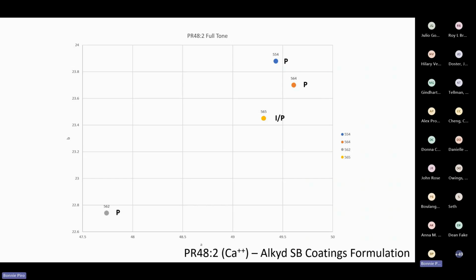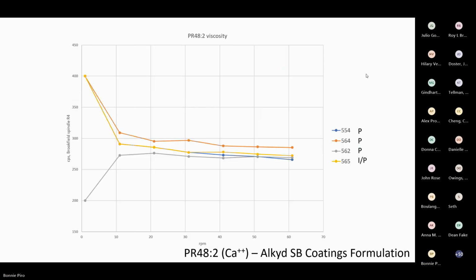So these particular chemistries want to develop the most red and the most yellow. So you want to go from this corner all the way up to this corner to see as much color development as you can. From a viscosity perspective, they all are very similar.